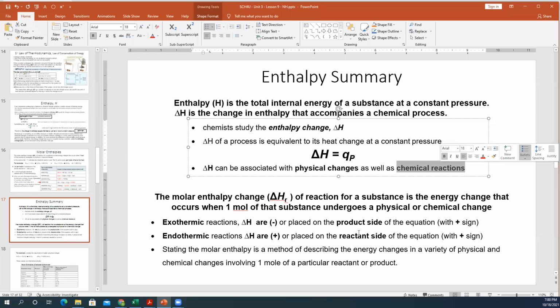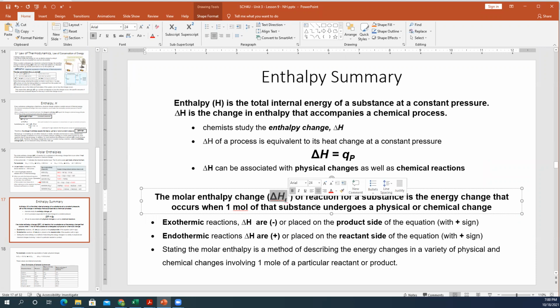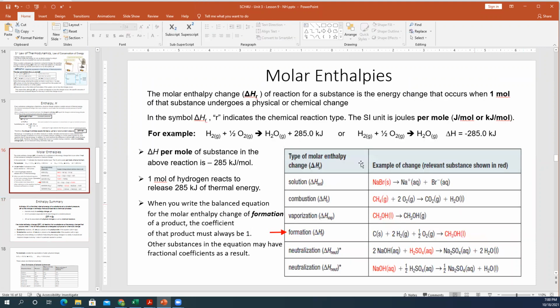And molar enthalpy change, this delta H R for a reaction, this R refers to the reaction. And then down here, instead of R, you will write what kind of reaction, like we had over here. Instead of R, you would write, okay, this is a solution reaction, or a C for combustion, or a vap for vaporization, or a little f for formation, or neut for neutralization. You indicate what kind of a reaction.